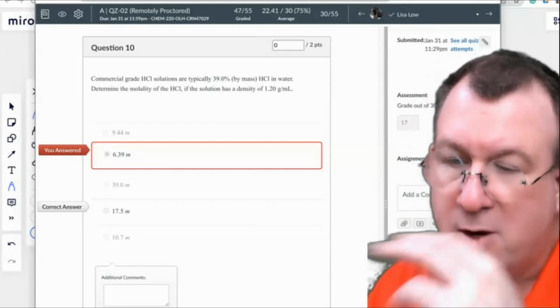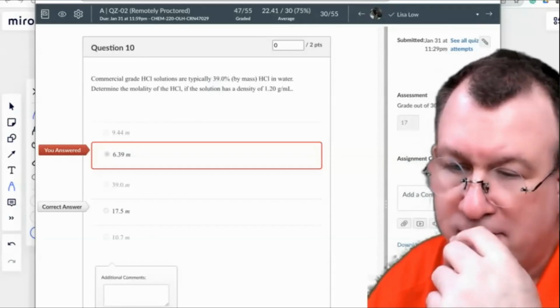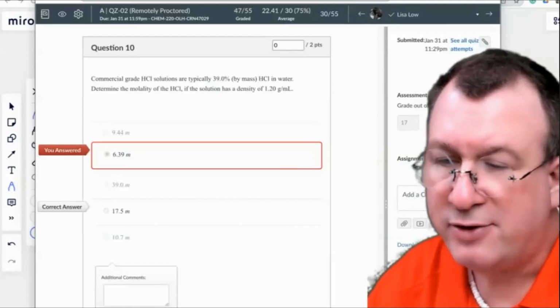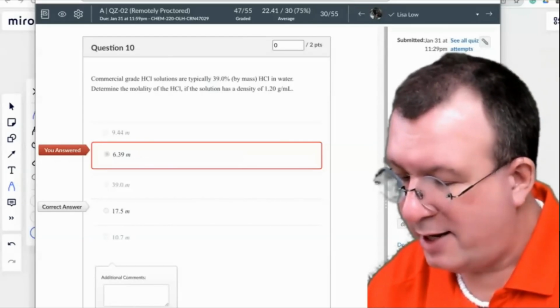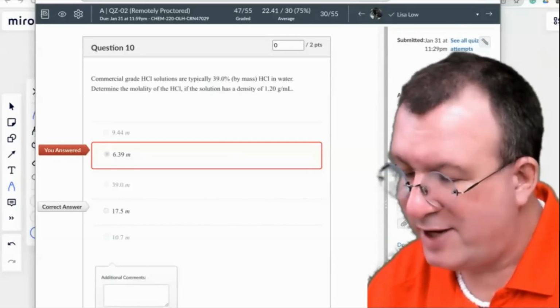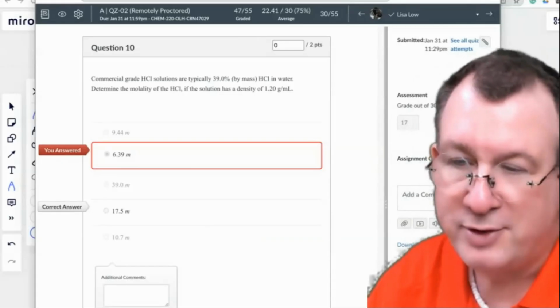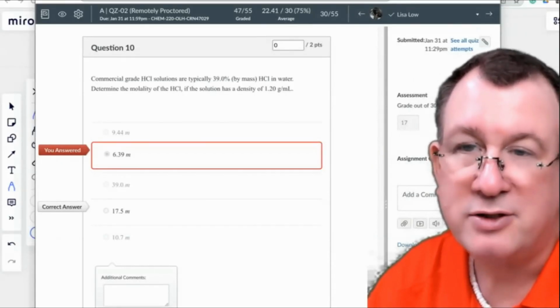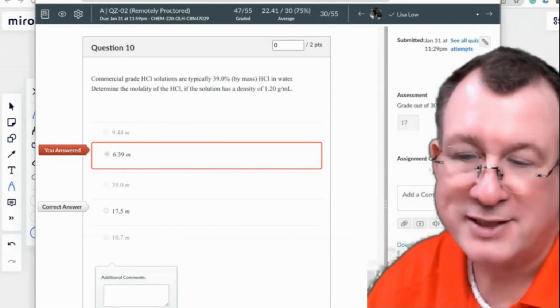Oh, I misspoke. 36 is the molar mass of HCl. So you take 39 grams and divide it by about 36 grams per mole, because that's the molar mass of HCl. Remember, chlorine is 35.45, hydrogen is 1. So it's about 36 and a half.